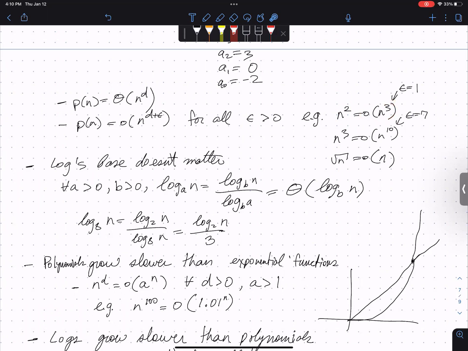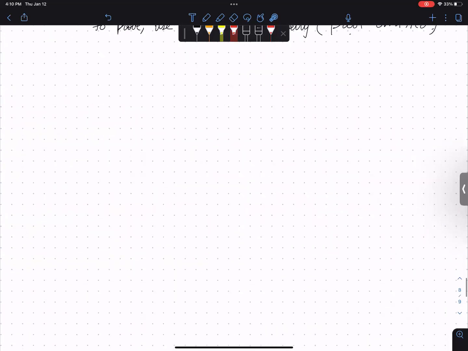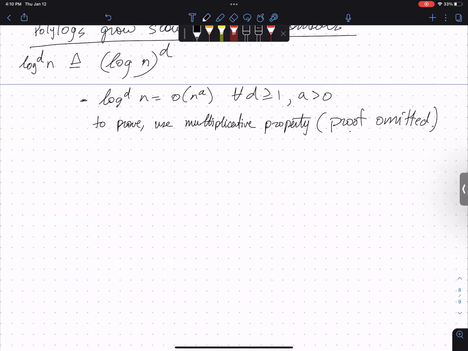Polynomials grow according to their degree. So if you increase the degree, now you've got something that's growing strictly faster. Okay. How many of you are comfortable with this? All right. Good. We have some time. Yeah, question.